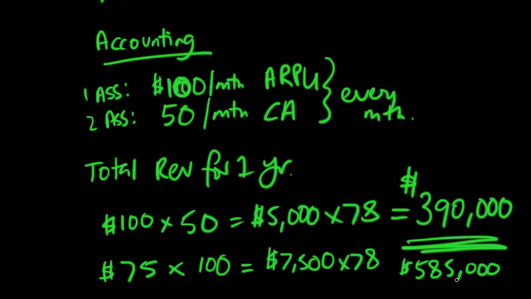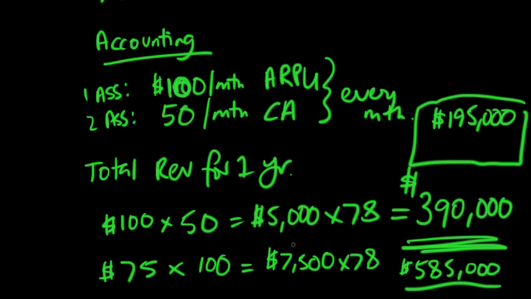So the difference between those two is $195,000. So by cutting our price by $25, we would get additional annual revenues of $195,000.